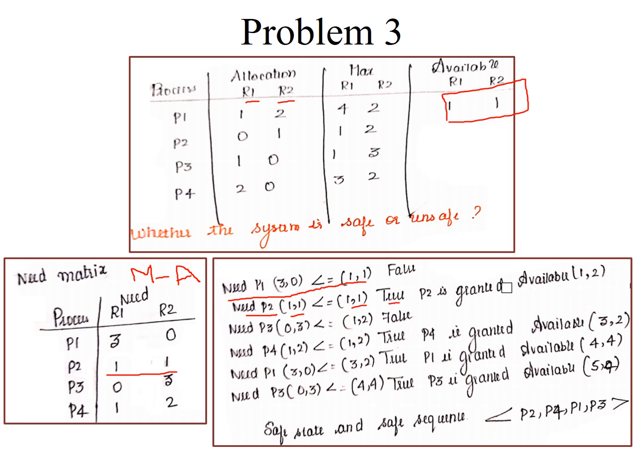The condition is true. So P2 will be granted. P2 is granted and now the availability becomes 1 comma 2. Availability was 1 comma 1. As P2 completed, P2's allocation is 0 comma 1. So when we are adding 0 comma 1 with the availability, the new availability becomes 1 comma 2.